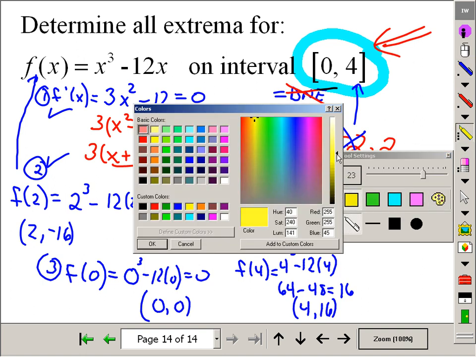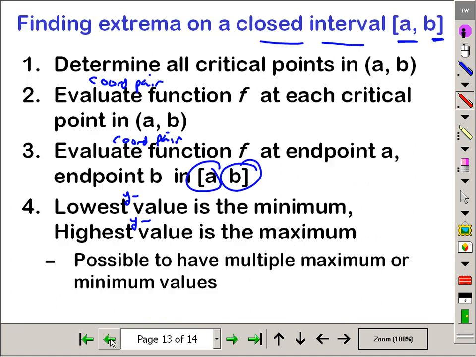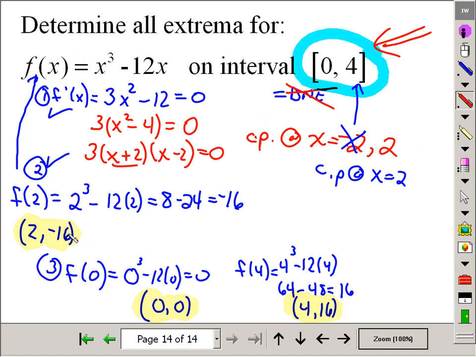So now we have 3 points. Here's one possible point, here's a second possible point, and here's a third possible point. And now we need to go back and figure out the lowest y value is the minimum, the highest y value is the maximum. Well, this one has a negative 16, so this is the minimum.